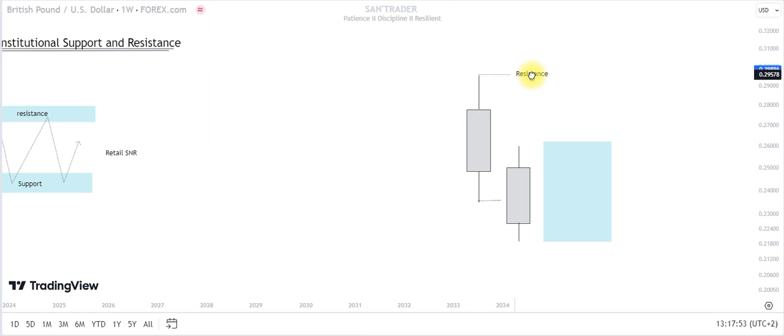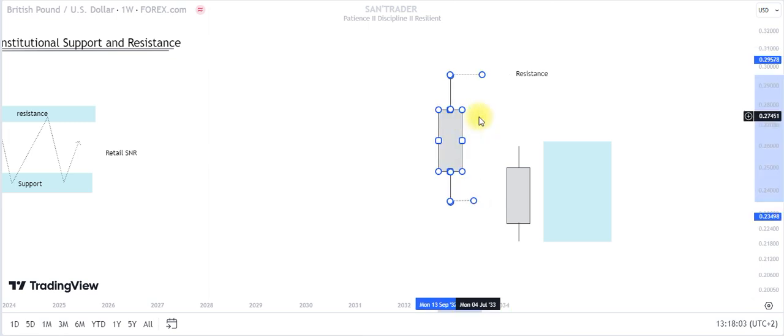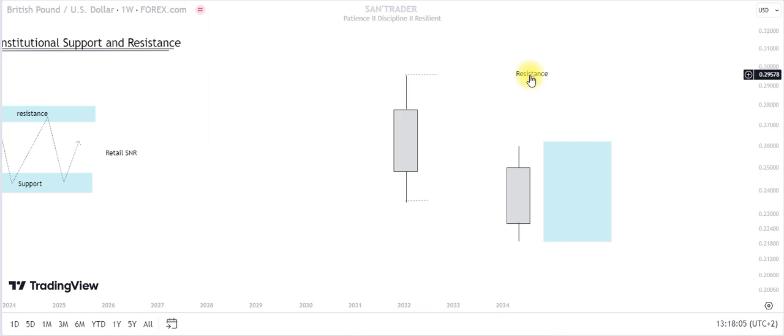Let me do this. When trading, my style is that every high will be your resistance, and every low will be your support.